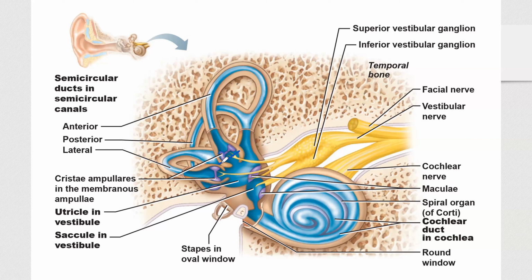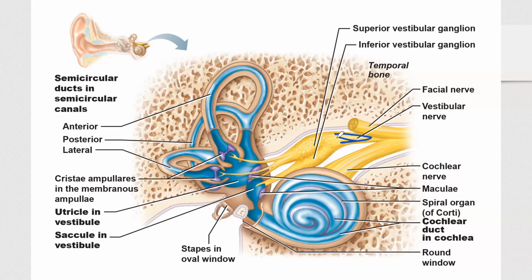Now, this part of the semicircular canal is called the ampulla. You see, it's a wider part. So that's the ampulla, that's the ampulla. And the sensory structure inside is the crista ampullaris. And of course, you can see our neurons shown here in yellow that form nerves.